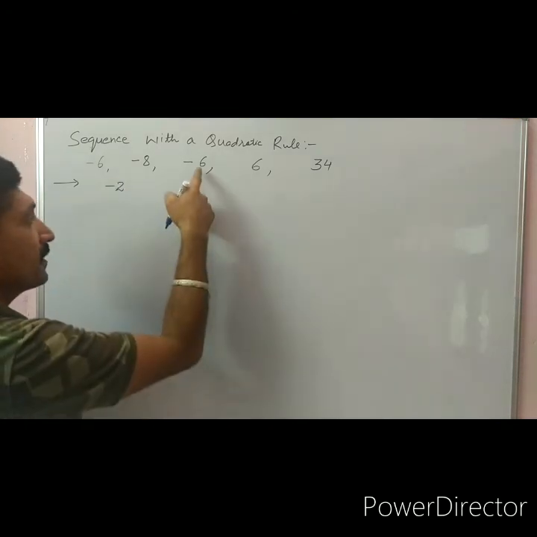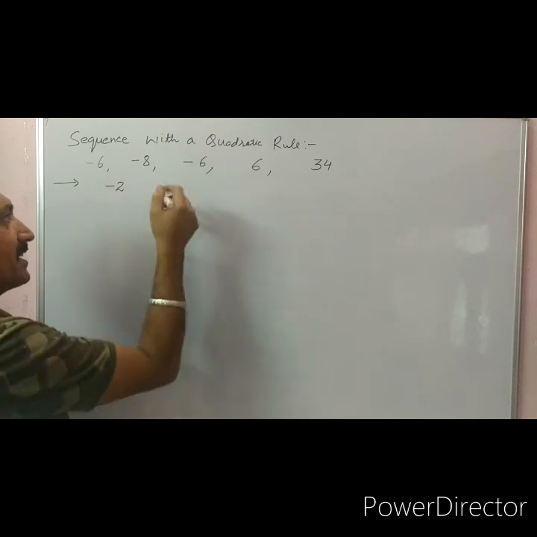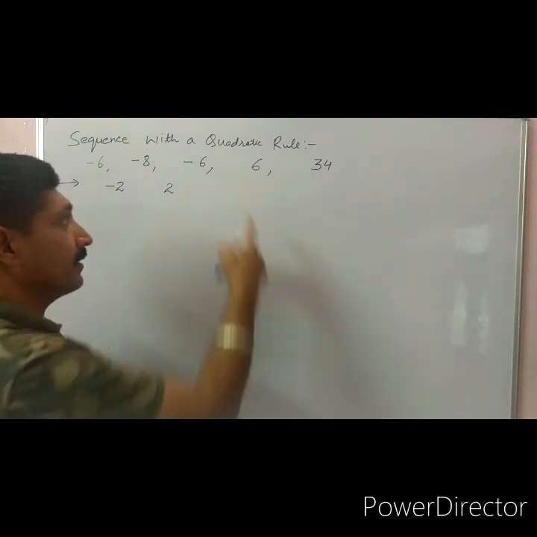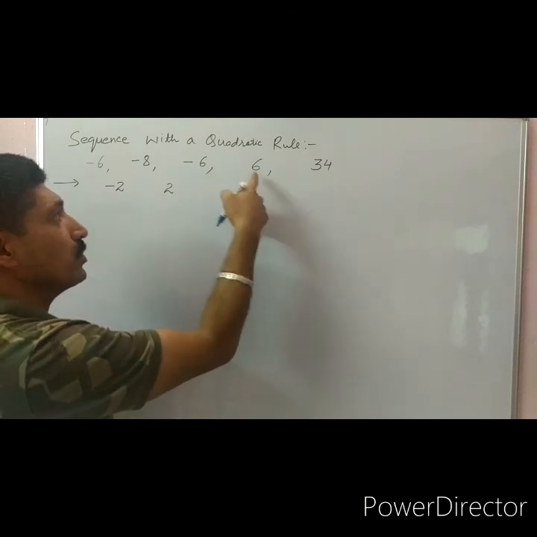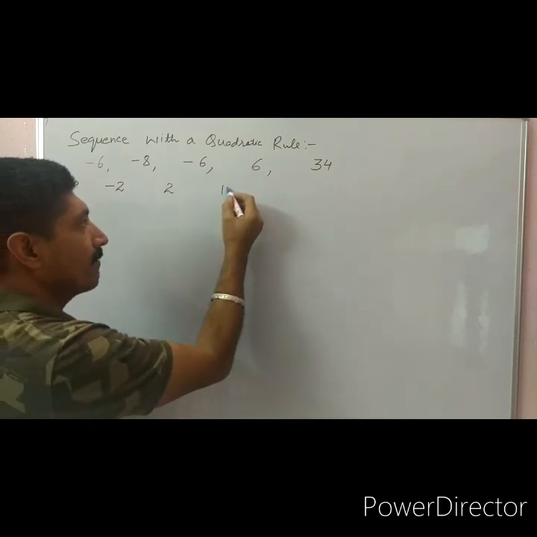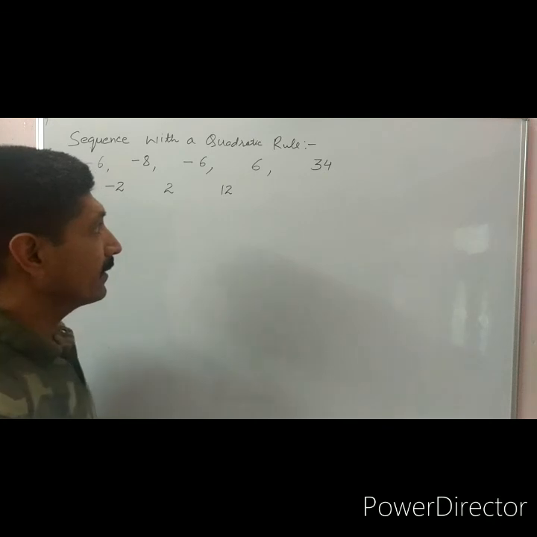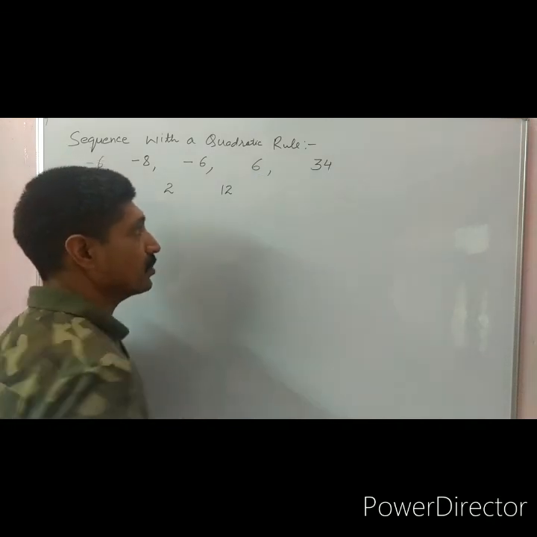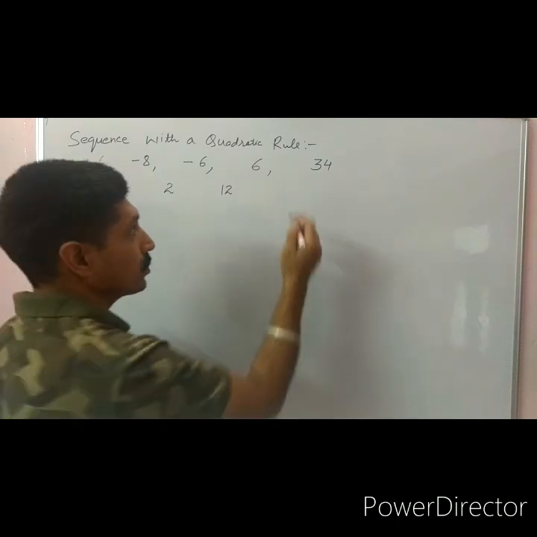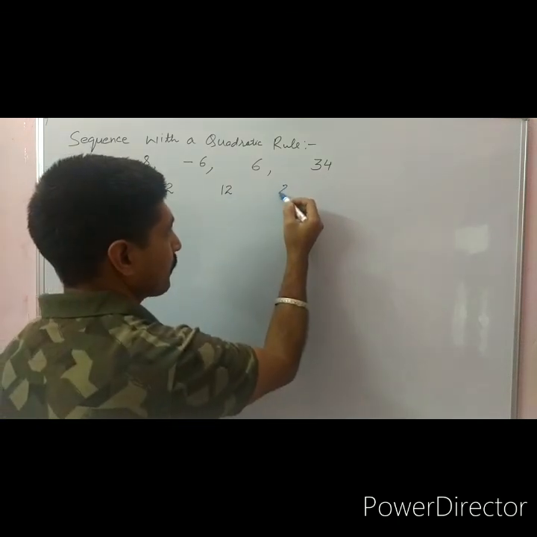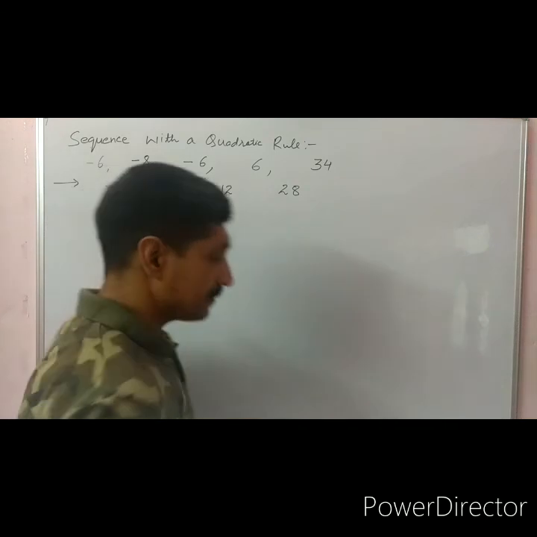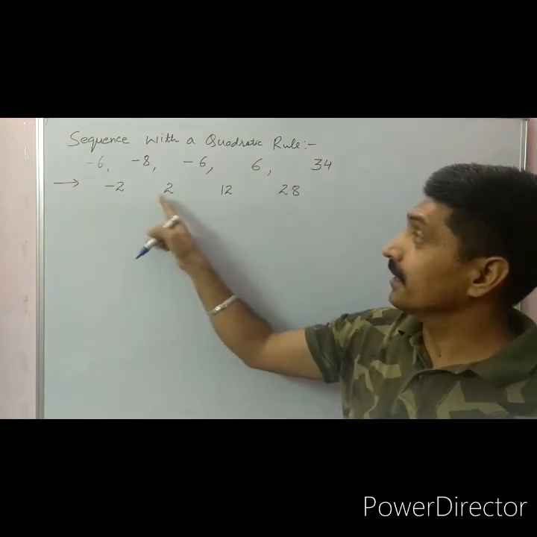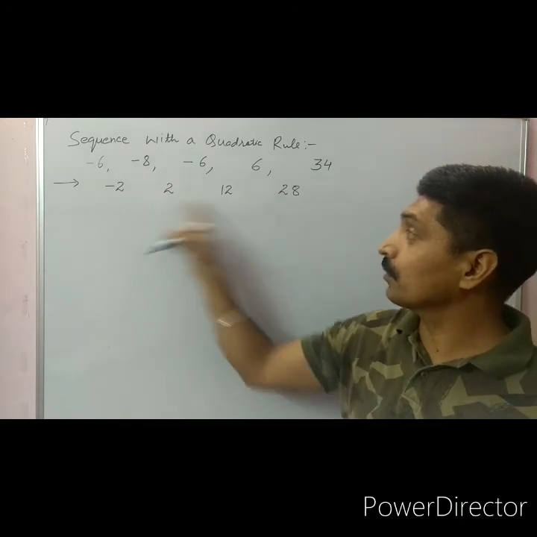The difference minus 6 minus of minus 8 is 2, the difference of the next two terms is 12, and the difference of the last two terms is 28. So the first difference is not the same.